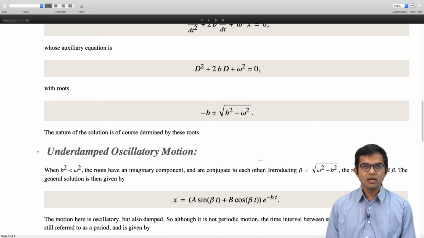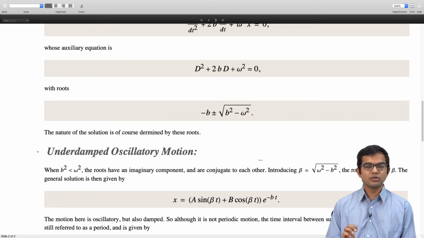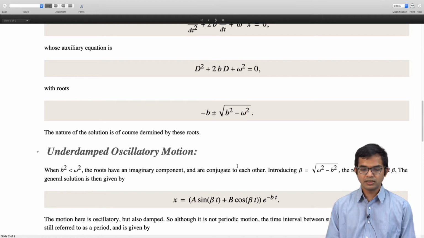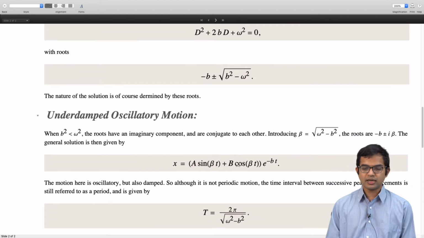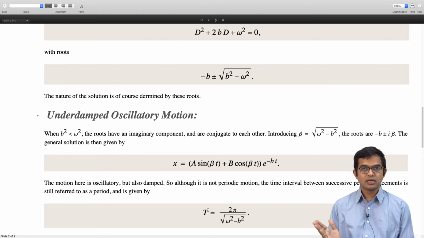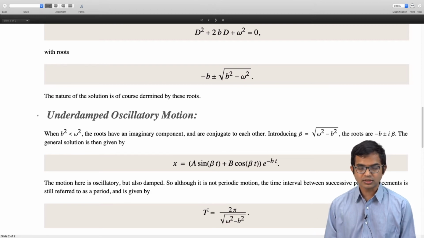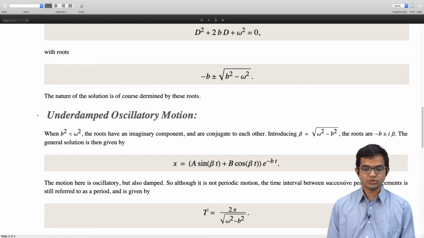It's still useful to define the notion of a time period as the interval between 2 successive peak displacements, and that is given by simply 2 pi divided by square root of omega squared minus b squared. One should be careful about how one interprets this. Here it's completely well defined as the time interval between 2 successive peaks of your motion, although it's not periodic motion strictly speaking.